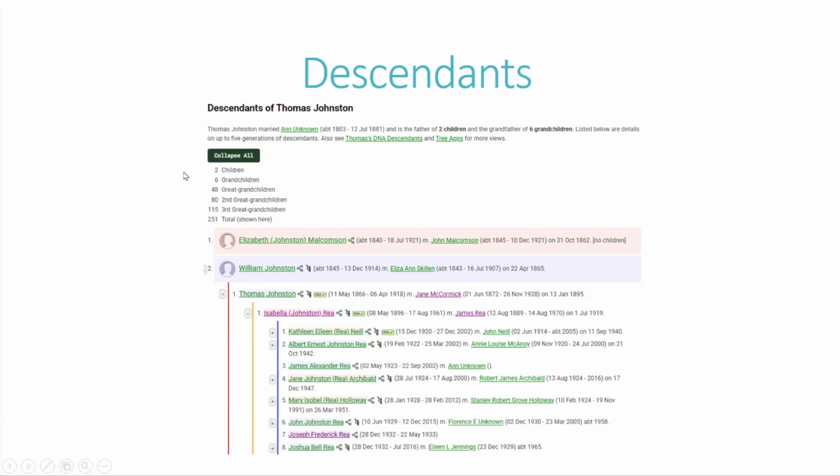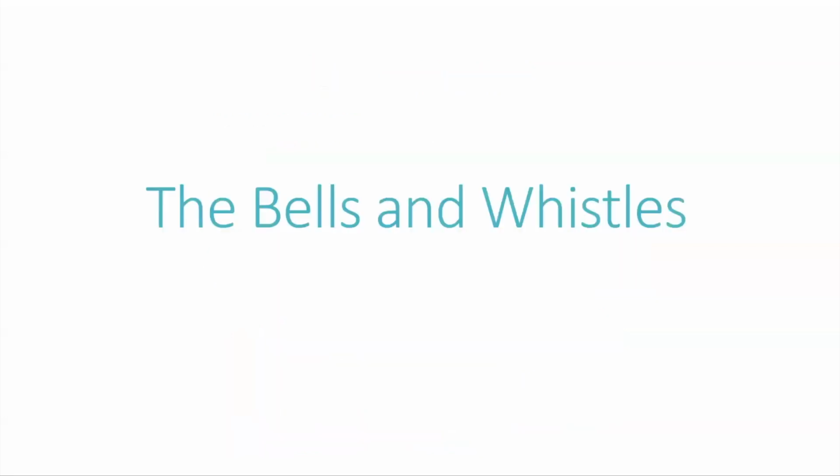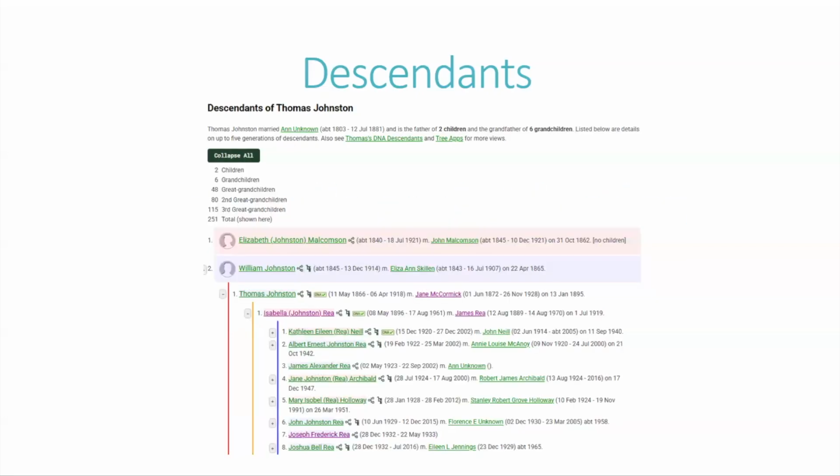It says that on Wikitree there's 2 children for that Thomas Johnson, 6 grandchildren, 48 great-grandchildren, 80 second great-grandchildren, so that includes me, that's where I kind of fit in, and 115 third great-grandchildren. So that's a total of 251 descendants of that Thomas Johnson on Wikitree.